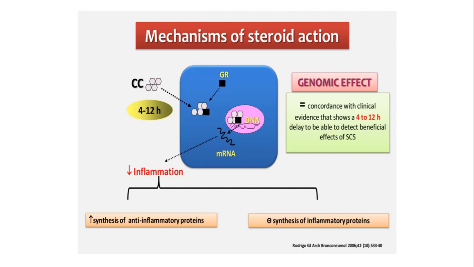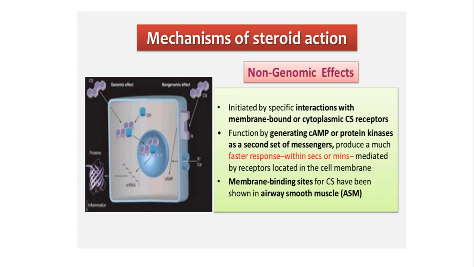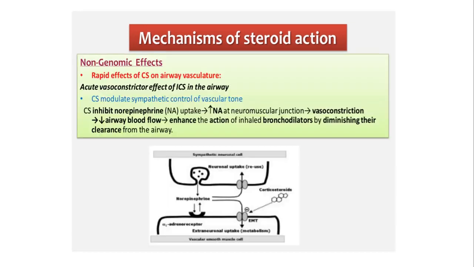The genomic effect correlates with clinical evidence and needs 4 to 12 hours. And we have the non-genomic effect, interaction with the membrane receptor. It can have a rapid effect, an acute vasoconstrictor effect of ICS in the airway. It will inhibit norepinephrine uptake, so it increases neuromuscular junction vasoconstriction and decreases airway blood flow, enhancing the action of inhaled bronchodilator.